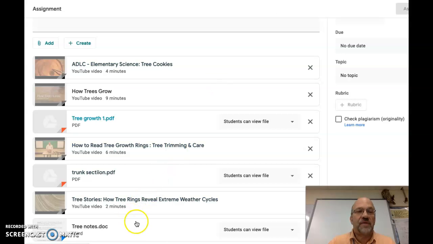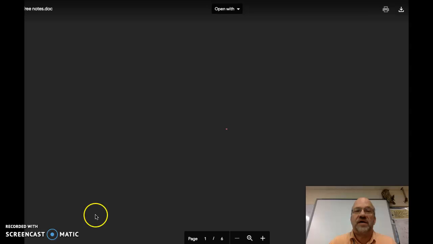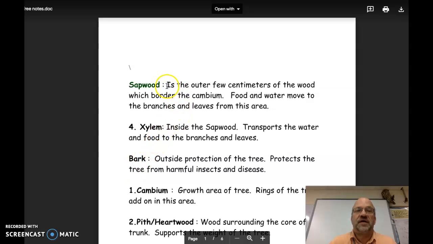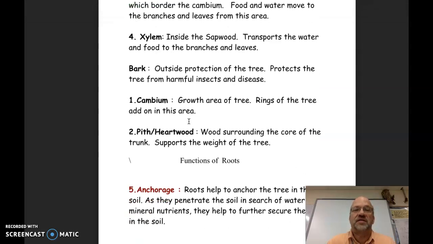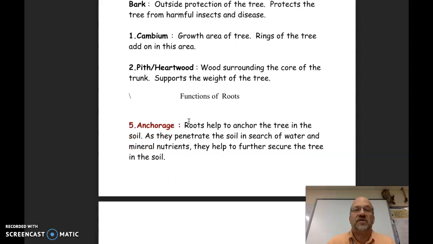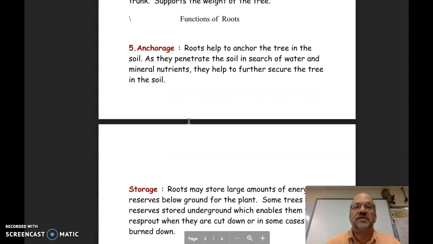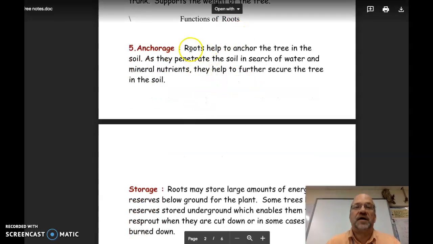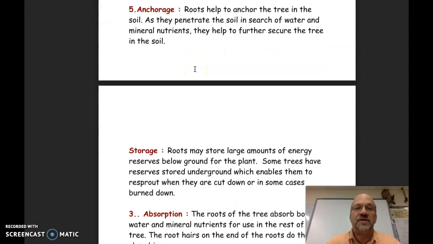And if we go back to here, we have the tree notes. And the tree notes, we have different words with their definitions and what it is. You can look at the pictures and you can figure out where these parts are and how the roots are the anchor of the tree in the soil. That's their job.